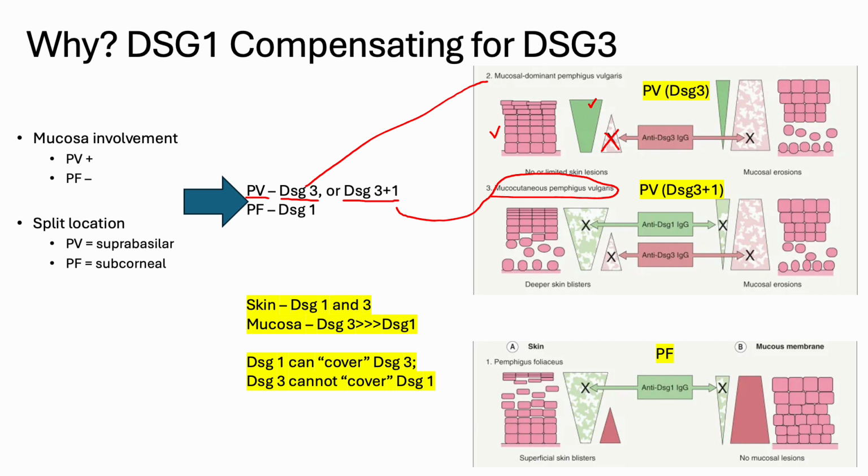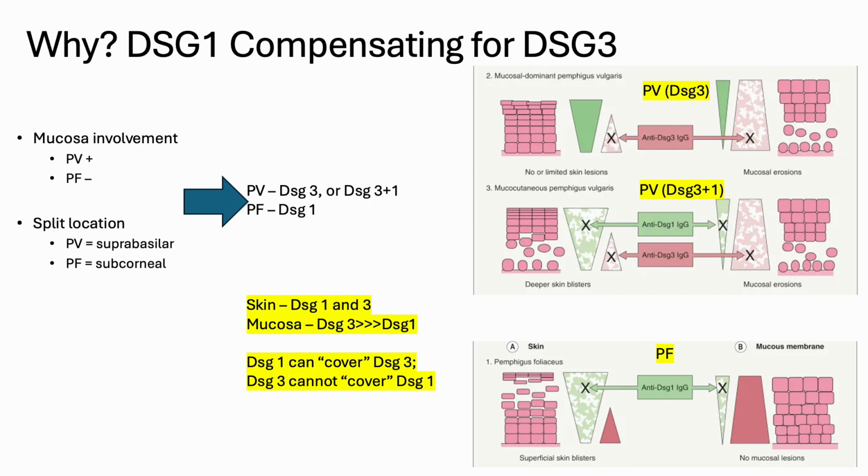And now let's go to the mucosa. The mucosa only has predominant DSG3, and because of that, the dysfunction of the DSG3 will cause a separation in the basal layer. So that is why in pemphigus vulgaris which only targets DSG3, we have intact skin, while we have separated erosion of the mucosa. So this is scenario number 1.